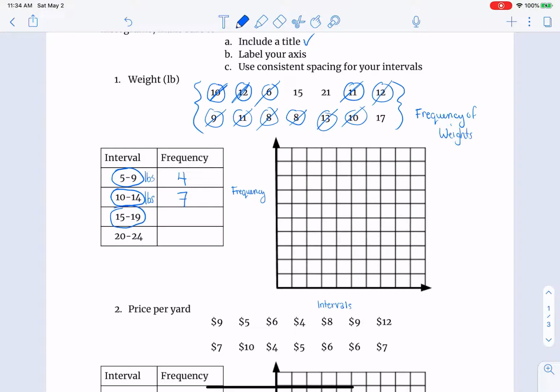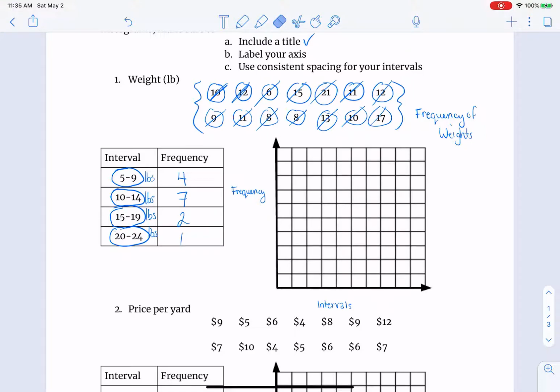Then we go to the next interval, we have 15 through 19 pounds. So 15 through 19, we have 1, 2. And then finally, the last interval will be everything between 20 and 24 pounds. And that's just 1. So we have our frequency table completed, and now we need to just put it on the graph.